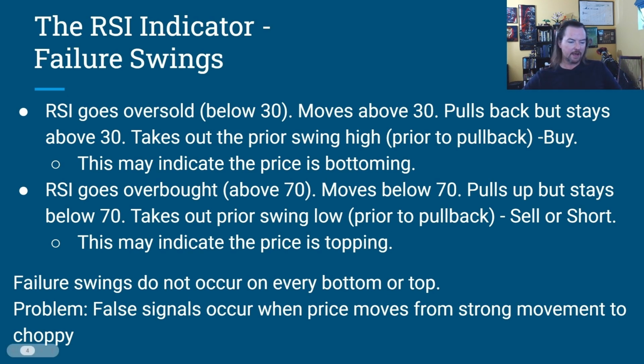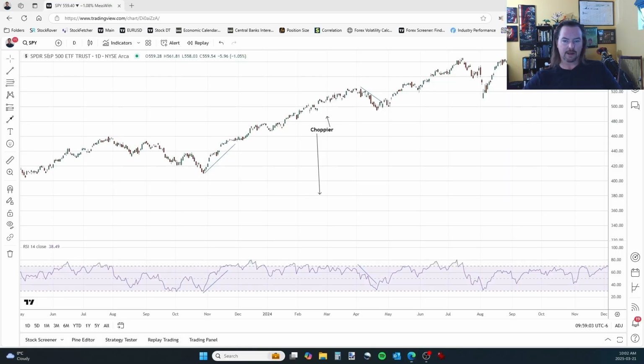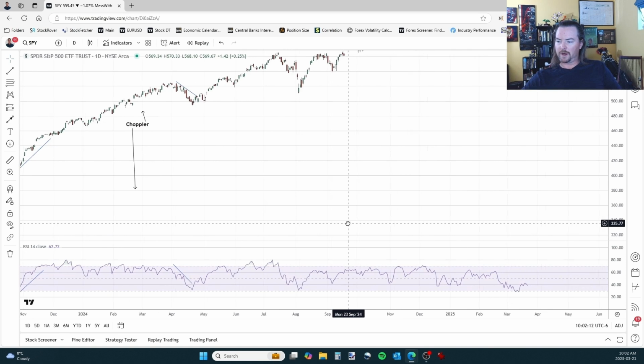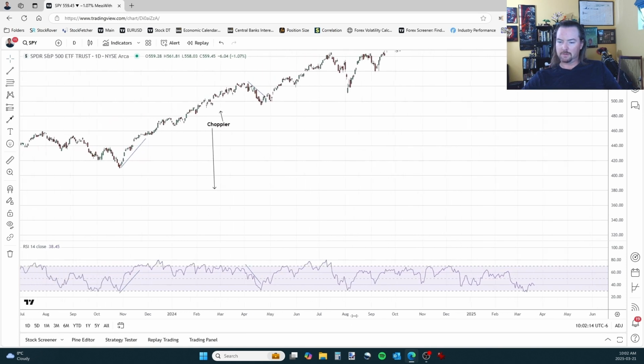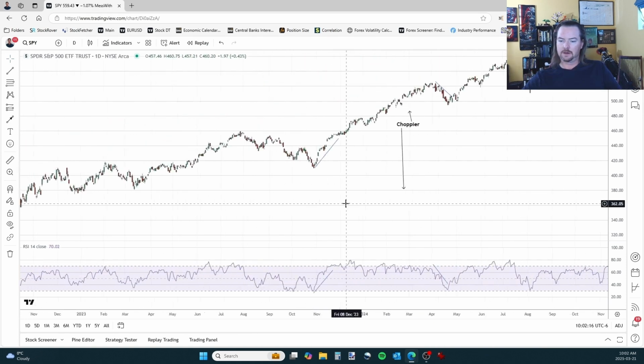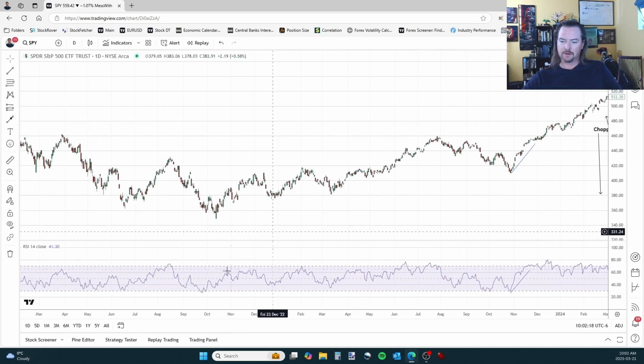So let's look at, we'll just pull up SPY again. So let's look for a situation where the price went below 30, stayed above 30. Okay, so here we drop below 30. Then we move above it.